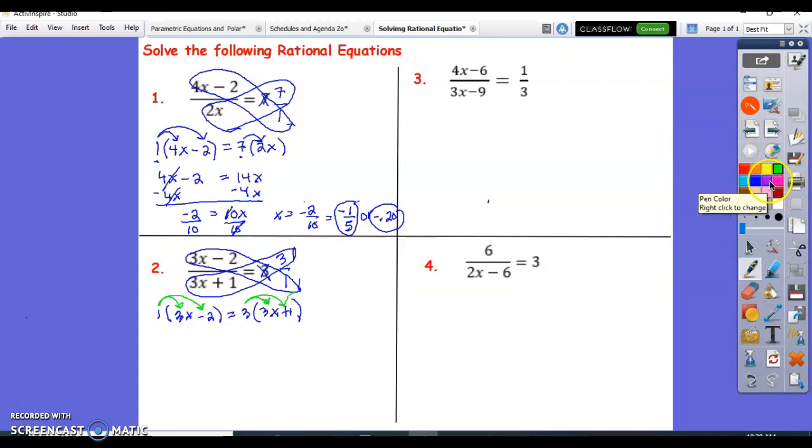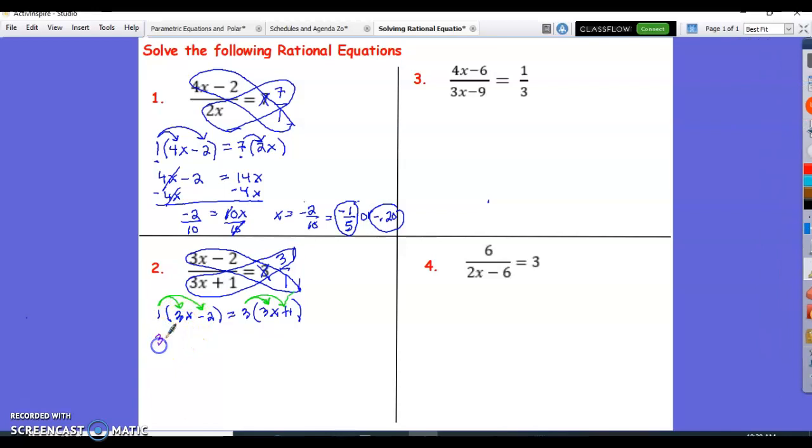All right, so by doing that, 1 times 3x, we have 3x, minus 1 times 2 is minus 2, equals 3 times 3x will give you 9x, and then 3 times 1 will give you plus 3.